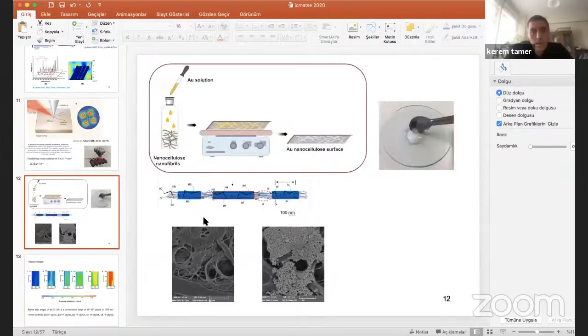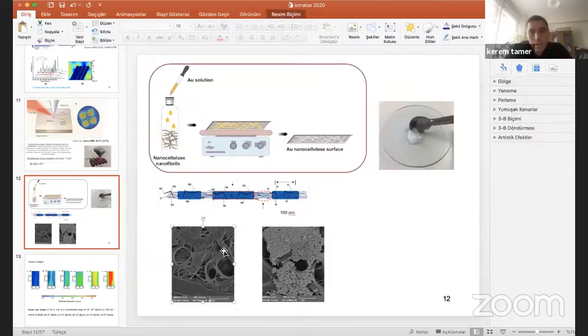Okay, and if you also add some nanoparticles, for instance, here we add gold nanoparticles on the nanocellulose surface. Actually, gold nanoparticles are embedded in the fibril structure. Okay, then you can modify the surface, actually, as you want.